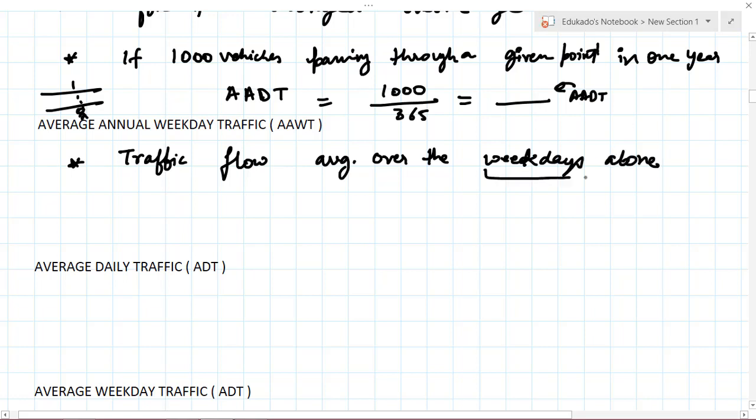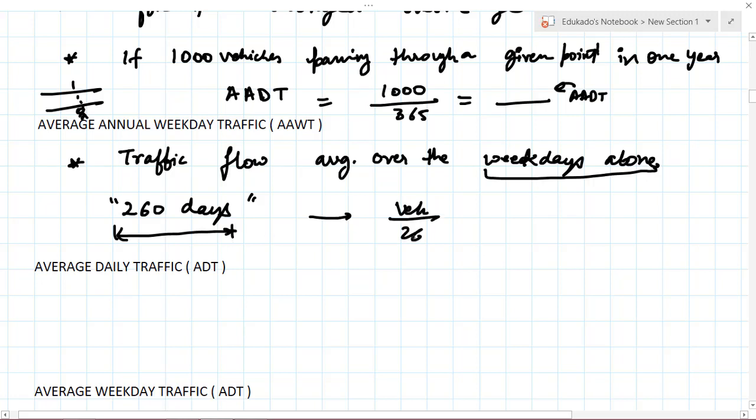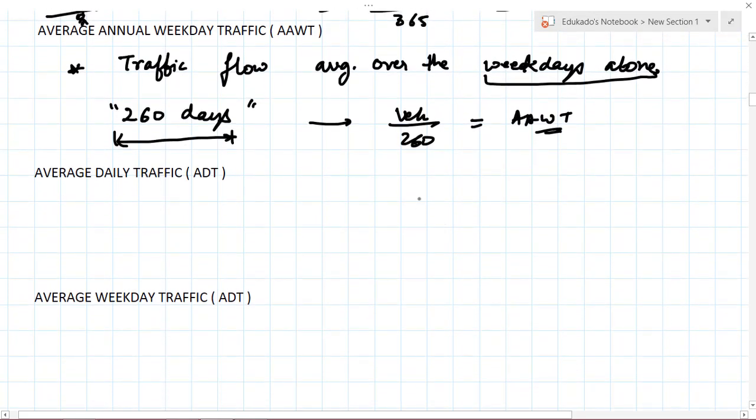Here we're just concerned about the weekdays. If I calculate the number of weekdays in a year, it comes to about 260 days. So if I take the same amount of traffic and calculate it over 260 days, then the number of vehicles divided by 260 will give me that AAWT. That's all this means.